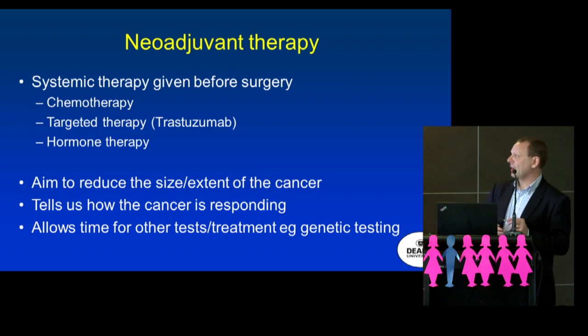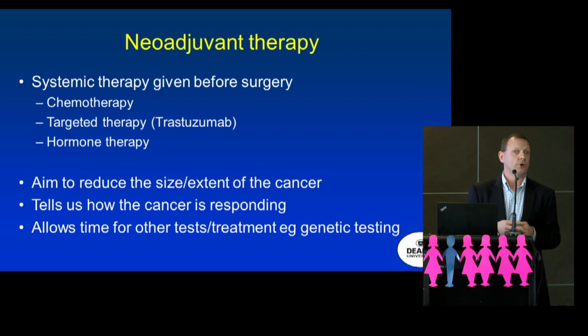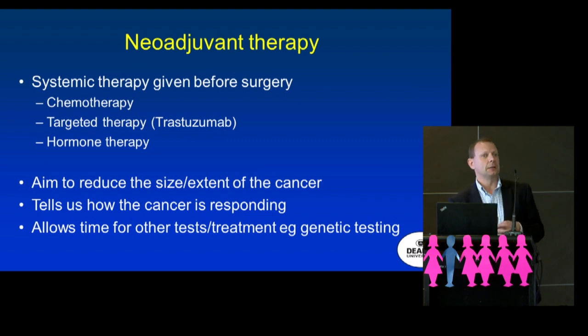It also gives us time to tell us what's the cancer going to respond like to those drugs? If we give, for example, Herceptin up front, and we see the cancer shrinks but isn't gone completely, then there's no point in continuing with Herceptin afterwards, because we know that cancer in that moment didn't respond as well as we would like. So we give a different drug. So by leaving the cancer in place, we can see how it's going to respond.